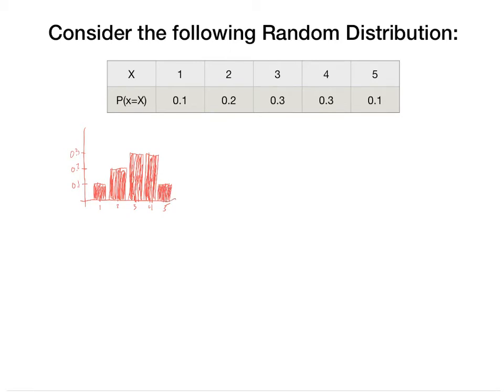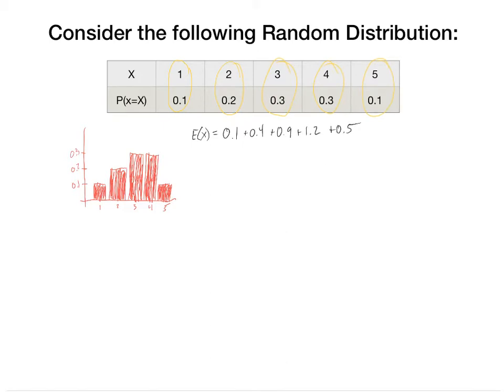Now, the first thing I want us to do is find the expected value of x. All we need to do is take each of the x values and multiply it by its probability. So 1 times 0.1 is 0.1, and then 2 times 0.2 is plus 0.4, 3 times 0.3 is 0.9, 4 times 0.3 is 1.2, and last of all, 5 times 0.1 is plus another 0.5.